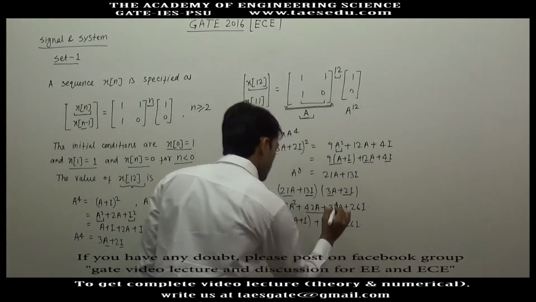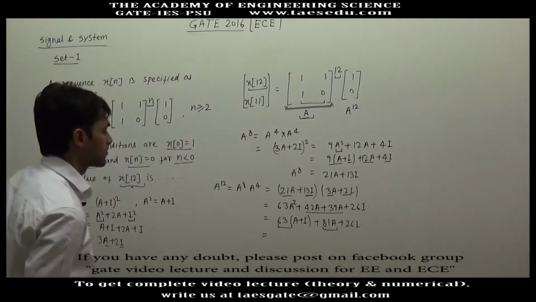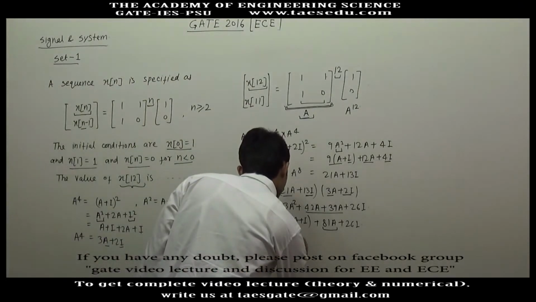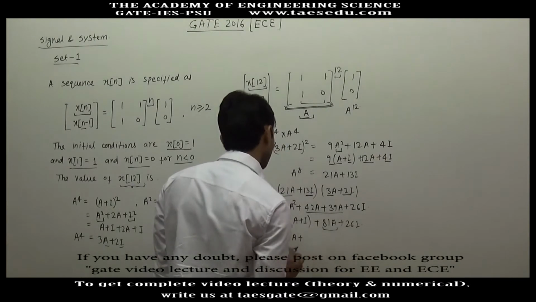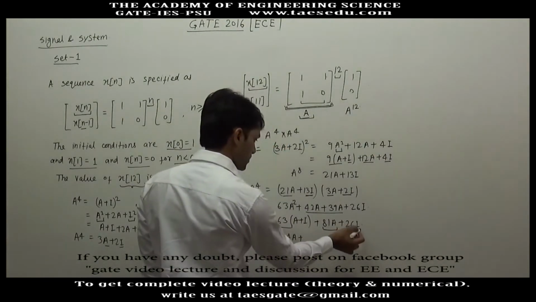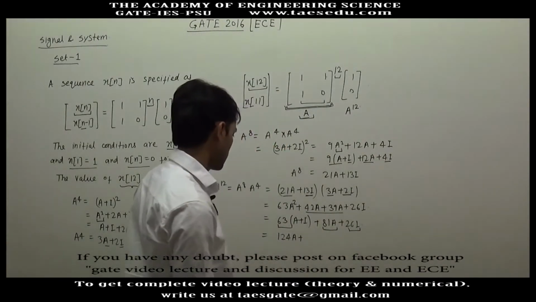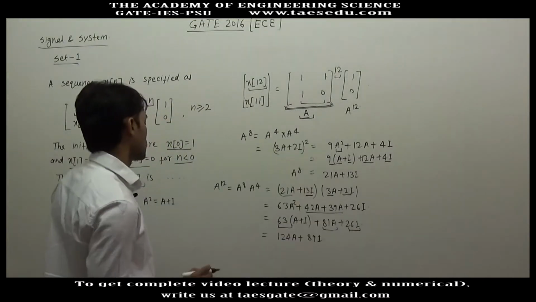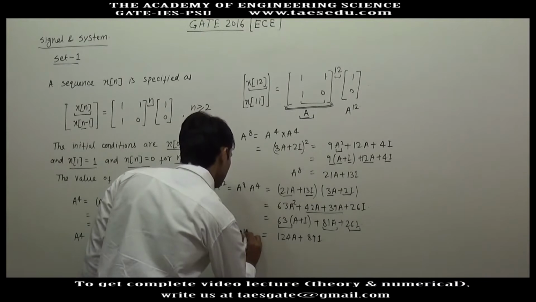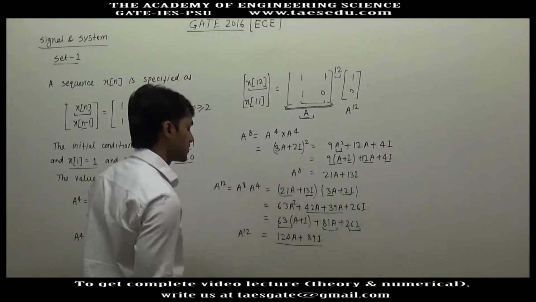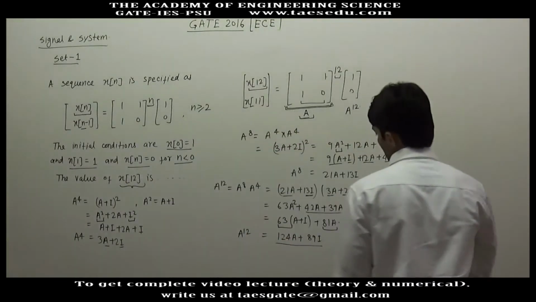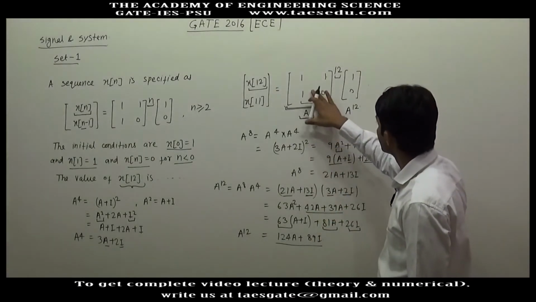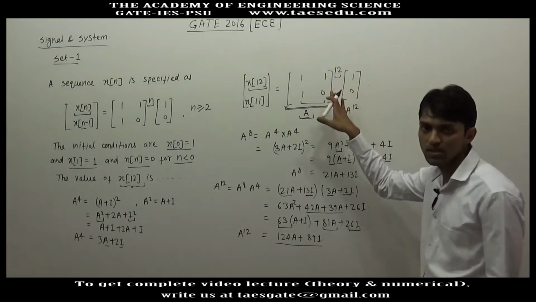63A plus 81A, this will be 124A. 63I plus 26I will be 89I. So A to the power 12 is 124A plus 89I, and this can be found very easily, instead of multiplying this matrix 12 times, which is not possible in the GATE exam.